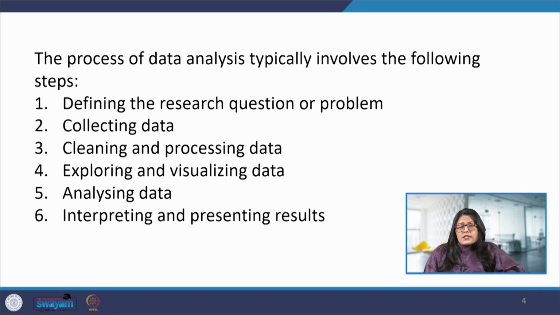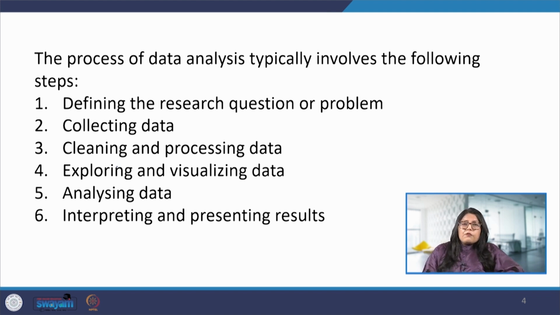So, the process of data analysis typically involves the following steps. First is defining the research question or problem. Here we will identify what we want to investigate or what we want to understand from the data. The second is collecting data.